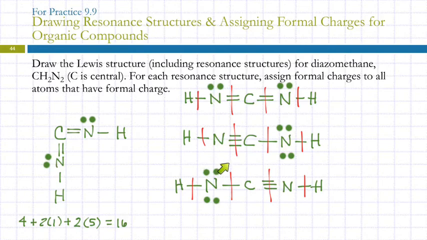In this one, this nitrogen brought in 5 electrons and leaves with 4. So that has a +1 formal charge. Over here, nitrogen brought in 5 and leaves with 6, and so that's a -1 formal charge. And it's reversed down here.